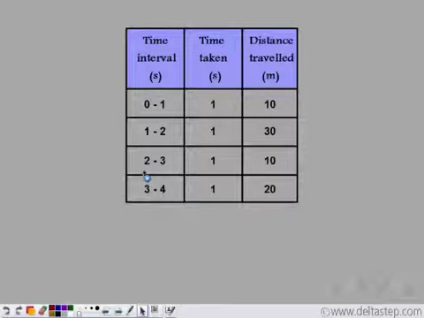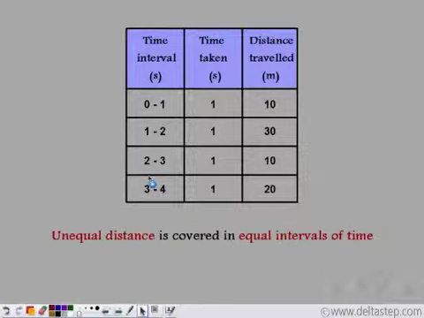In 3 to 4 seconds, he traveled 20 meters. So we see that unequal distance is covered in equal intervals of time. So unequal distances 10, 30, 10, 20 are covered in equal intervals of time. Time interval remains the same, that is 1.